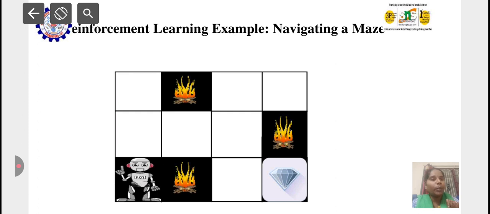Then finally, the optimal path: the robot discovers the optimal path with the least number of hazards and the highest reward by selecting the right actions based on past experience.